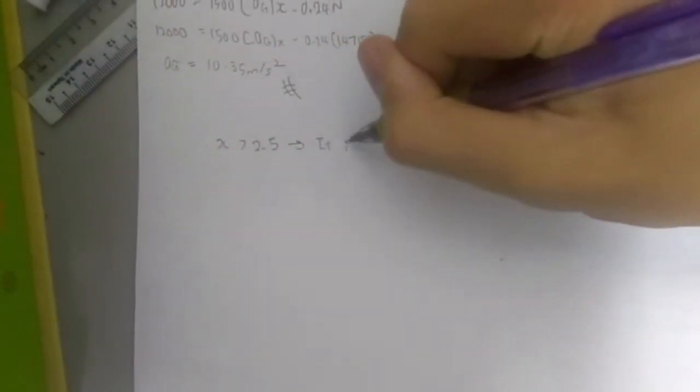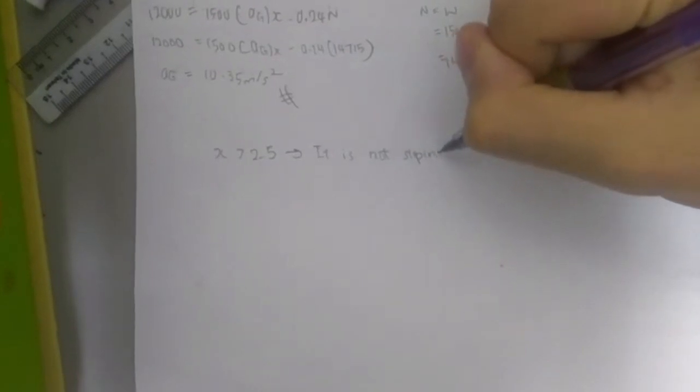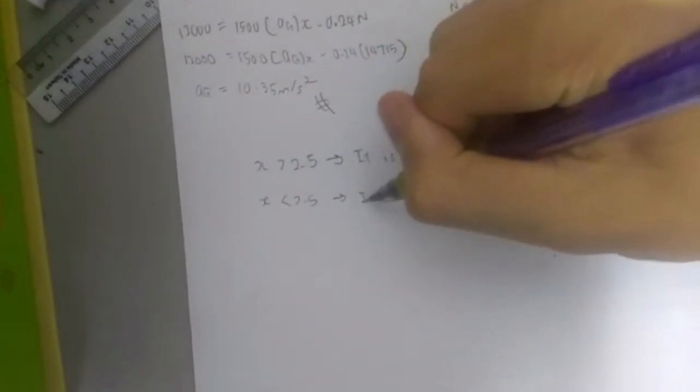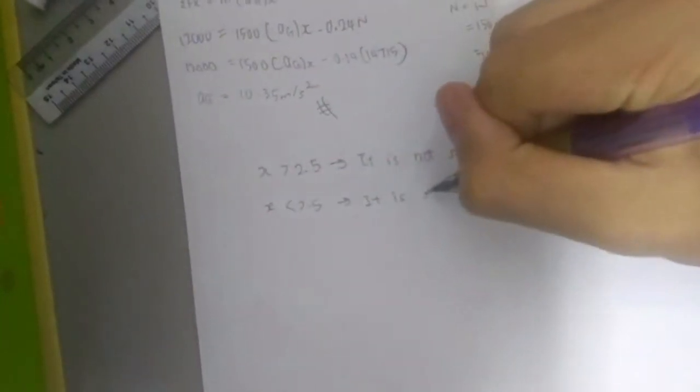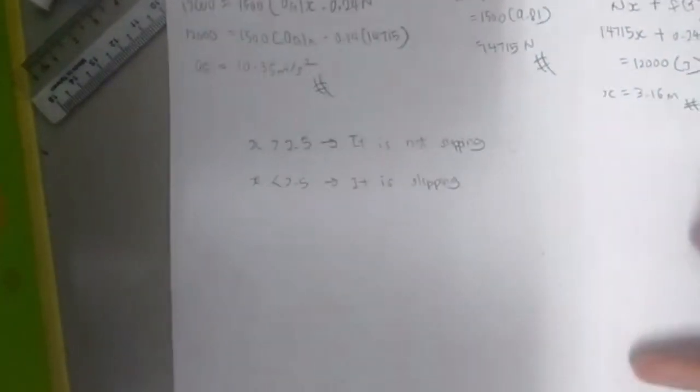So as I said just now, if the x bigger than 2.5, which means the car is not slipping. And if this x is lower than 2.5, which means it is slipping.